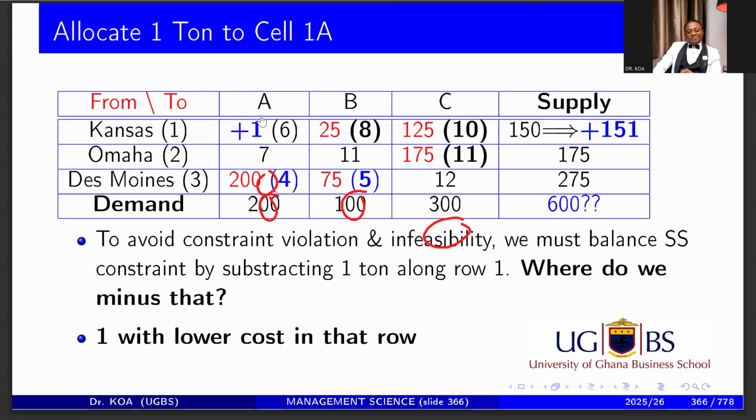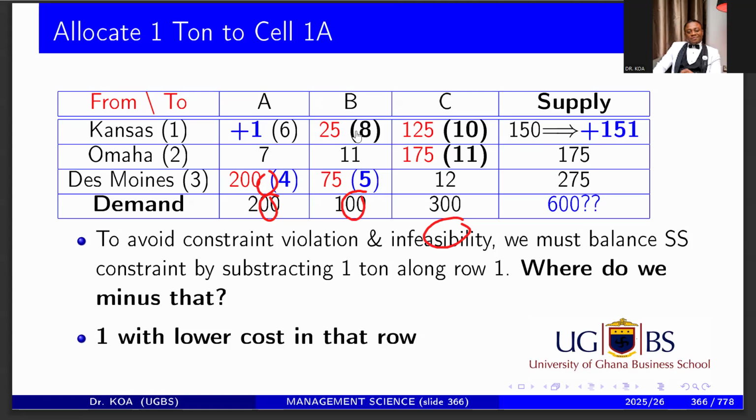Which one are you going to subtract from? You have to choose the lowest. And the lowest will be what? 8. So when you add +1 to the cell of 6, of course you're not actually adding it to that cost. You're adding it to the cell, and then it will increase the tons.